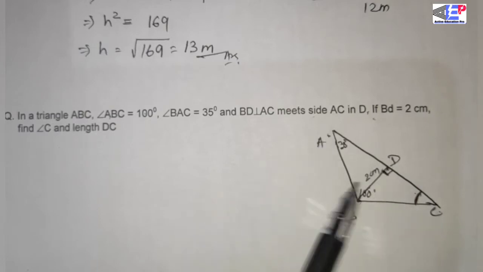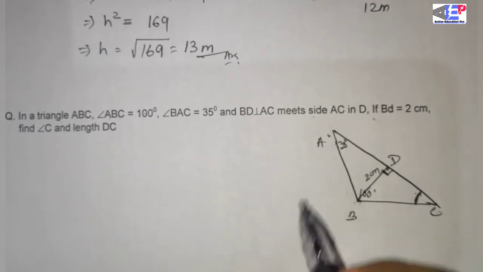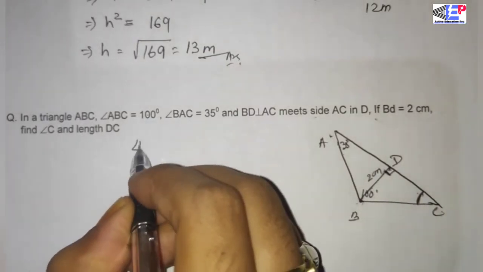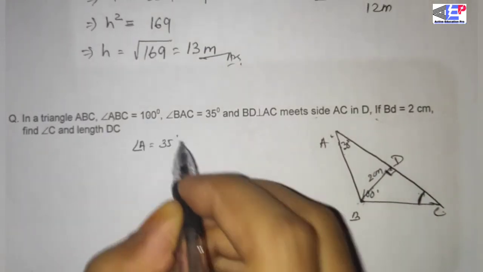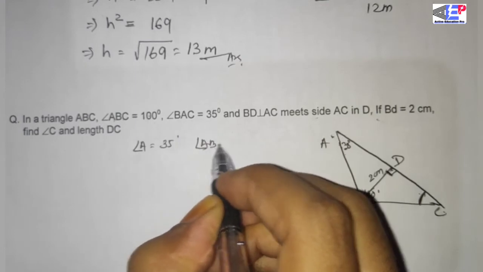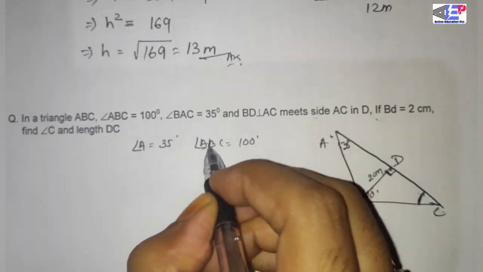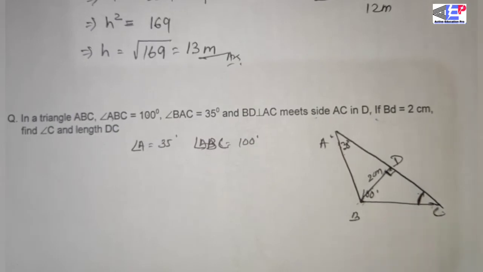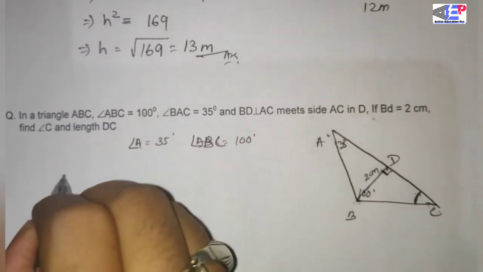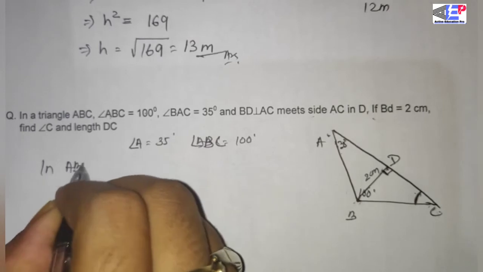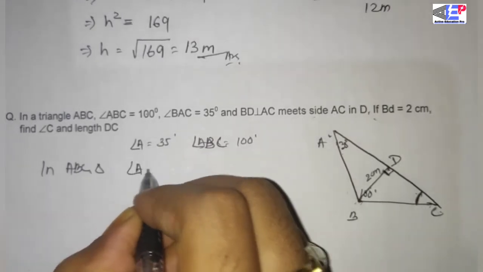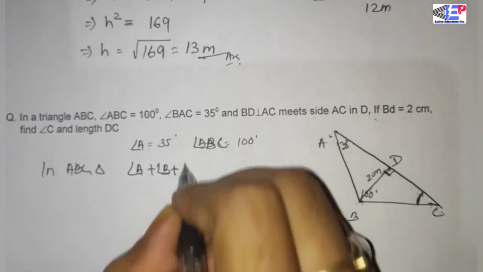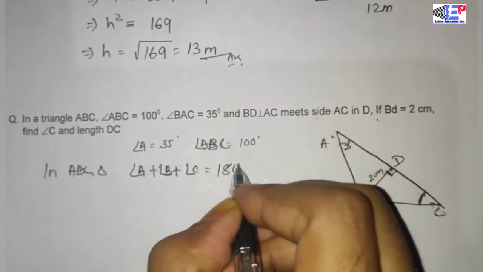Forget BD. Now ABC is a simple triangle where A is 35 degree. You can write here A is equal to 35 degree, and angle ABC is equal to 100 degree. And C, whatever C is, we know that in triangle ABC, A plus B plus C is equal to 180 degree.